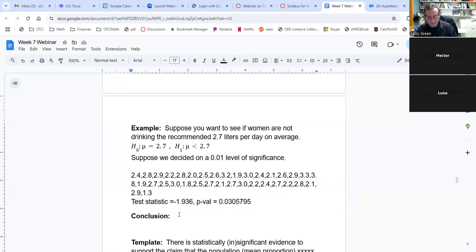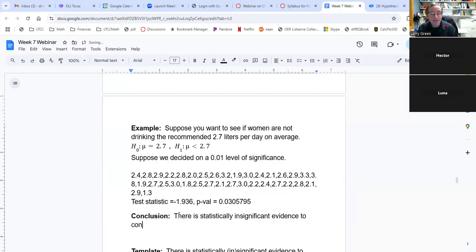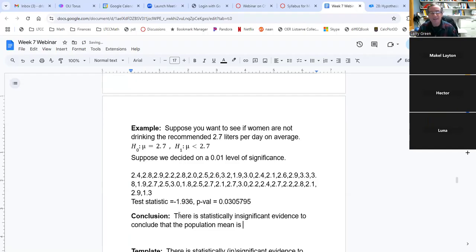So there is statistically insignificant evidence to conclude that the population mean amount of liters that women drink per day is less than 2.7.